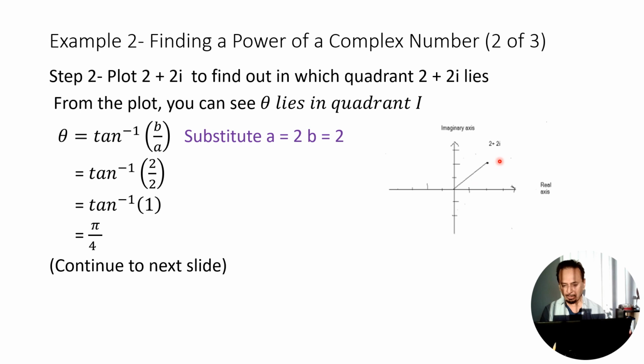From the picture we can tell that 2 plus 2i lies in quadrant 1. So therefore theta equals simply tangent inverse b over a. Now we substitute a is 2 and b is 2. So theta equals tangent inverse 2 over 2, which simplifies to tangent inverse 1, which from the table of values is equal to pi over 4.